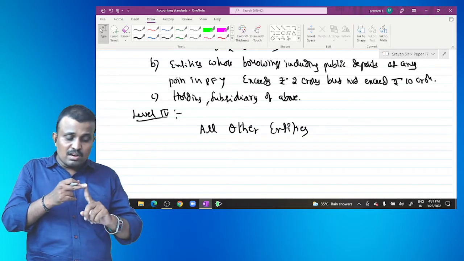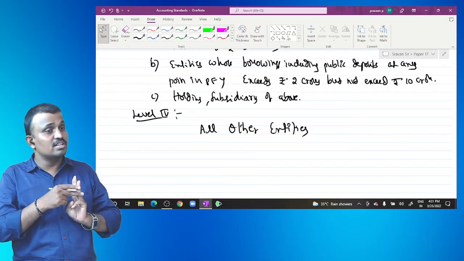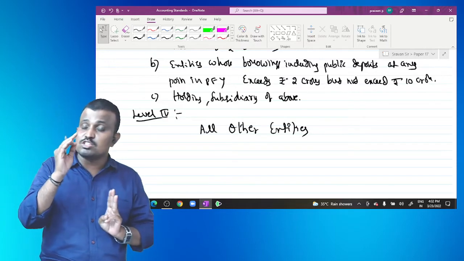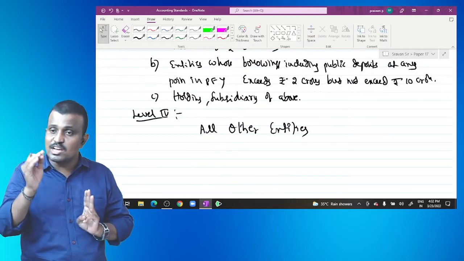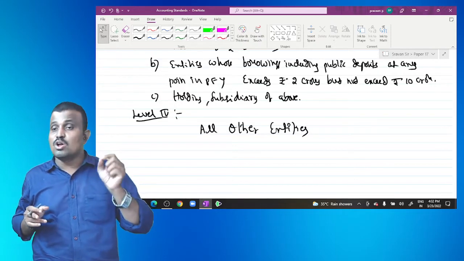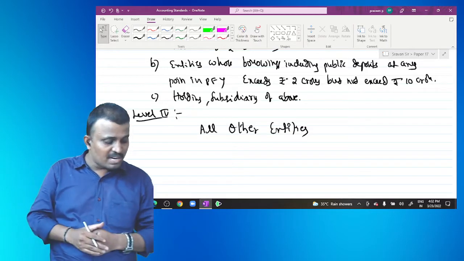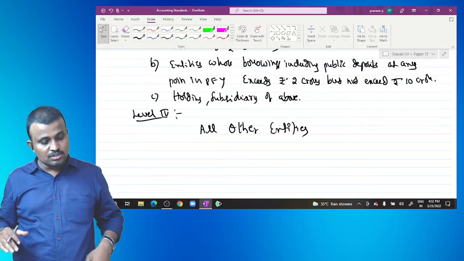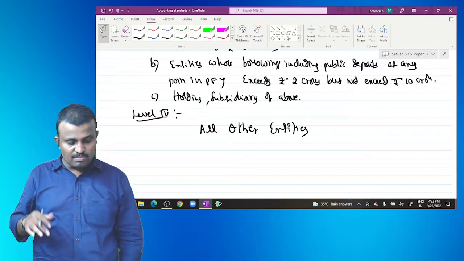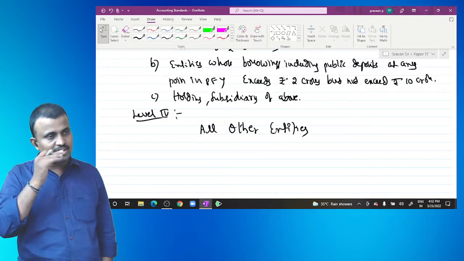As per the Companies Act, Level 2, Level 3 and Level 4 are covered under SME, small and medium scale enterprises. But Level 1 is said to be non-SME, not small and medium scale enterprises. This is the whole applicability pattern relating to the accounting standards.